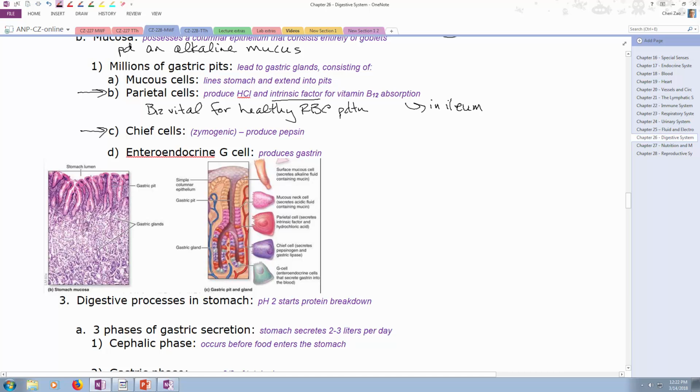So parietal cells, they are big and fat, and they are more lightly staining. And then as you look on down the gastric gland, you'll find the chief cells, also called zymogenic.